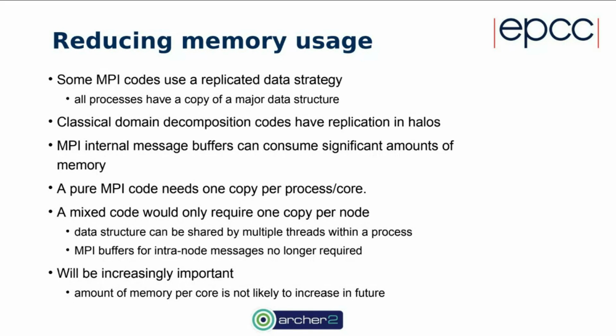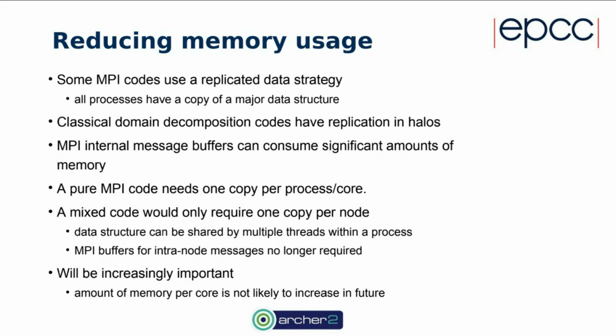Whenever we have copied or replicated data, a pure MPI code obviously needs a copy per process, and by implication, a copy per core. Whereas in principle, a mixed MPI and OpenMP code would only require one copy per node, and the data structure can be shared by multiple threads within a process.